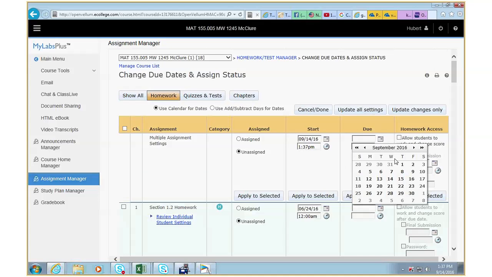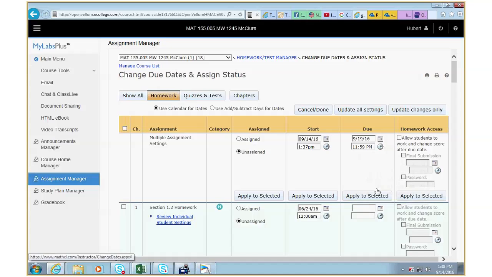And the test starts on the 14th. But since this is y'all's first homework, I'm gonna make the homework due on the 19th. Usually I cut it off before the test or the day of the test. But since I know there's some slackers in here, I'm gonna leave it to the 14th.